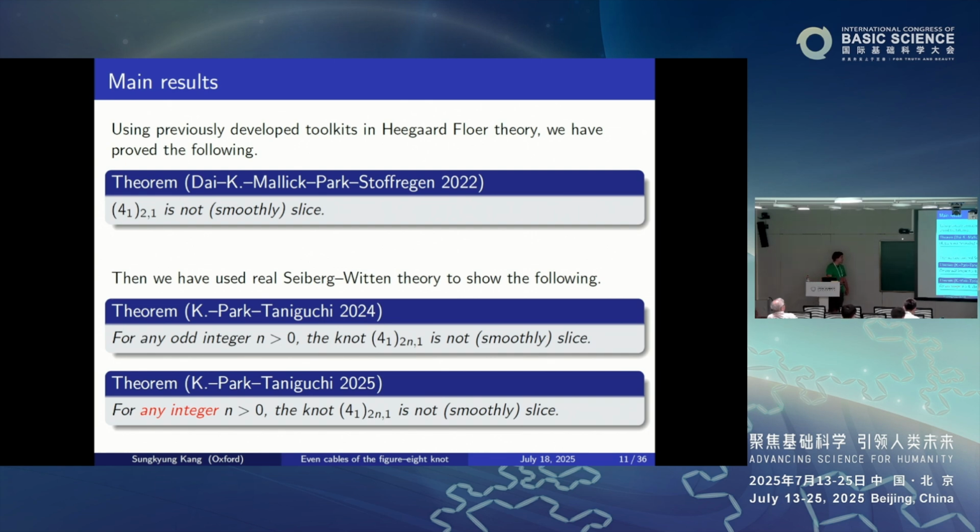Instead, we used real Seiberg-Witten theory developed by Konno, Miyazawa, and Taniguchi. As a first step, we show that if your cabling parameter is of the form 4n plus 2, then it is also not smoothly slice. And finally, earlier this year, we were able to prove the most general case. In the case of the figure 8, we proved that any (even, 1) cable is not smoothly slice, and in fact, it has infinite order. Okay, so those are the main results.